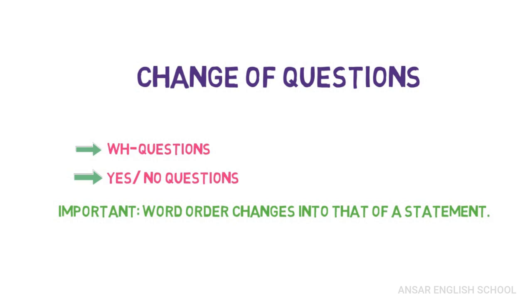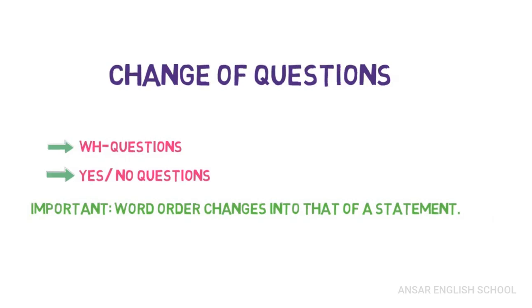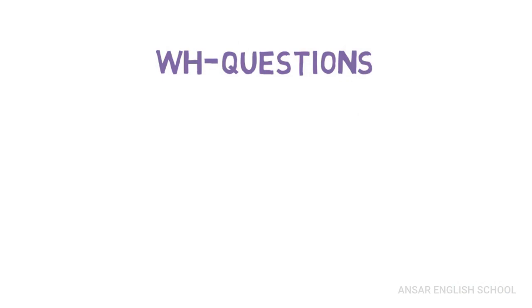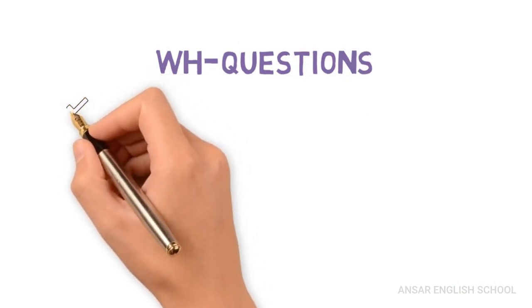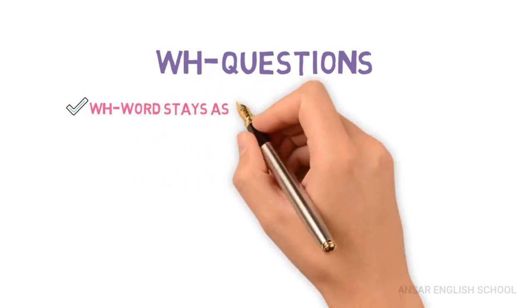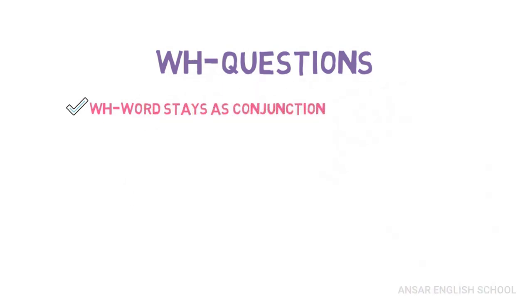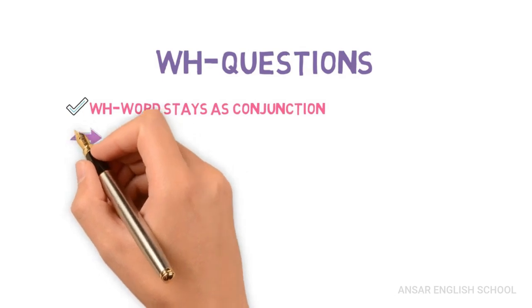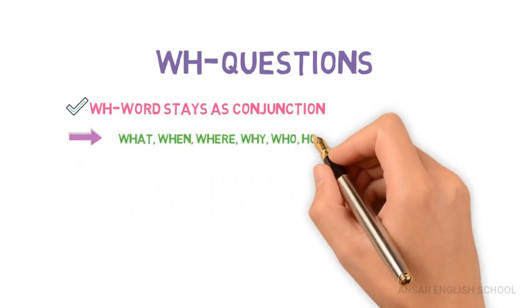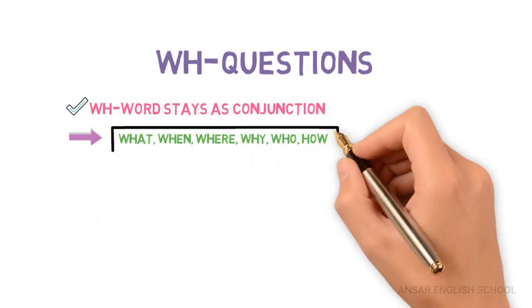Now the first type of questions, change of WH questions. When you change a WH question into reported form, that same question word, the WH question word, stays as the conjunction. And we know that what, when, where, why, who and how, these are the question words.